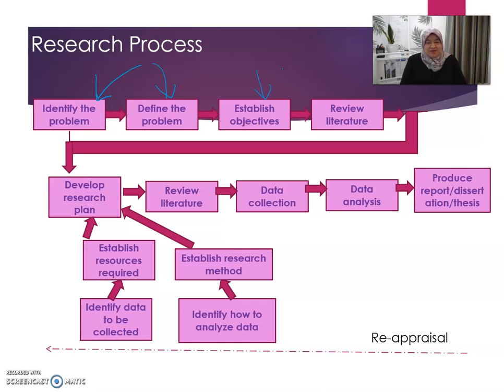So it has to be very firm and very clear as well. And from there, you start with your review of literature, and also develop your research plan and revisit the literature review again before you go for data collection.